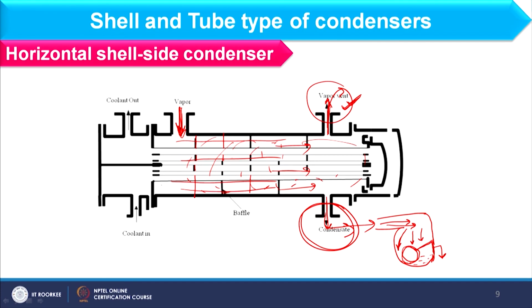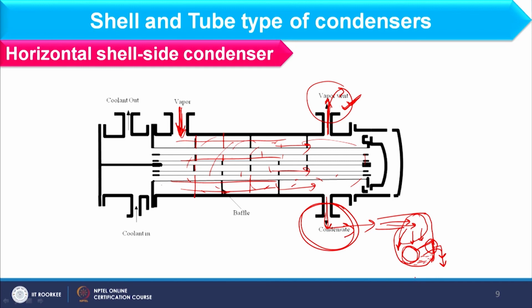As this balloon moves up, it opens this channel, and condensate keeps on exiting from here. However, it will not allow any vapor to exit, because vapor is available in this region, not in this region, because of the density difference. So in that way the steam trap works, and we trap the steam or vapor and let the condensate exit the system.